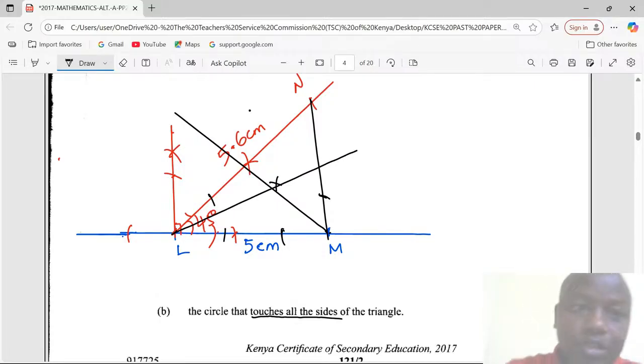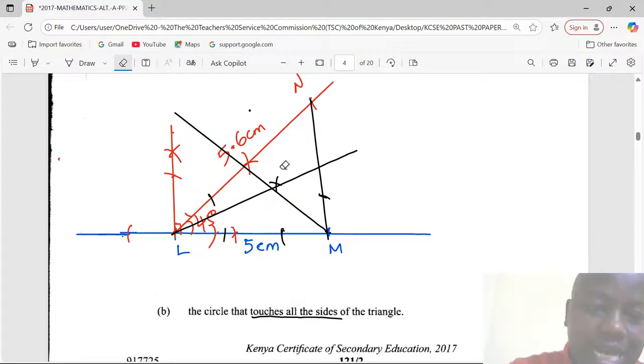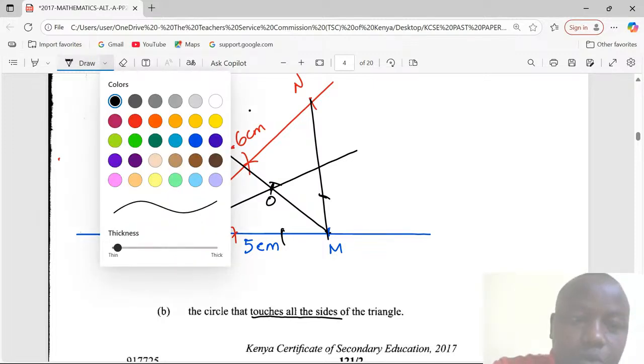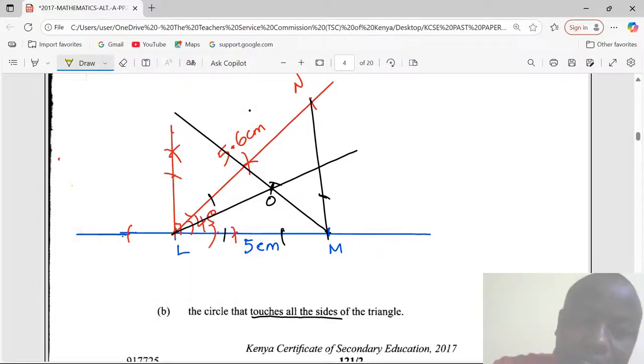So you see, we are getting the incenter. Where the two bisectors of angles meet, that is our center O. Standing there, we draw a circle that shall be touching all the sides.